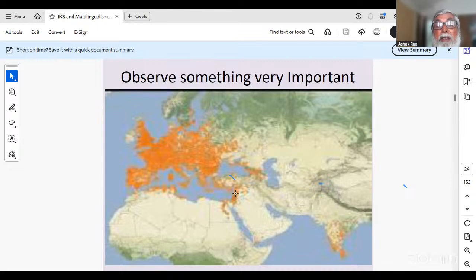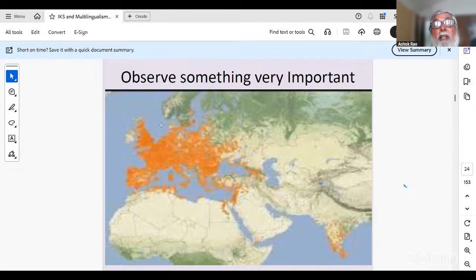Okay, Jerusalem is here. And this is all the Roman Empire. What you see in gold colors is all the places in the world, in the last 400-500 years, wherever they have discovered a Roman gold coin. See, all these places they have discovered Roman gold coins.